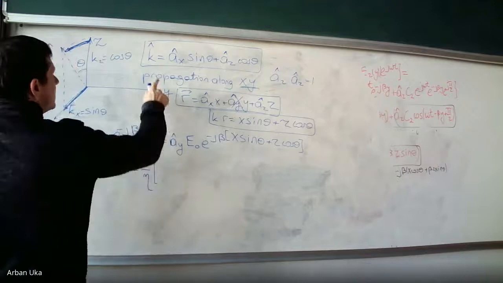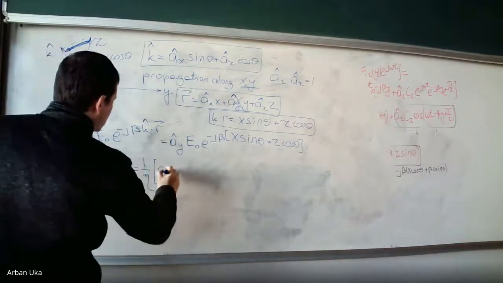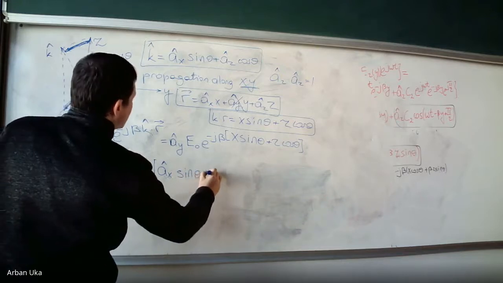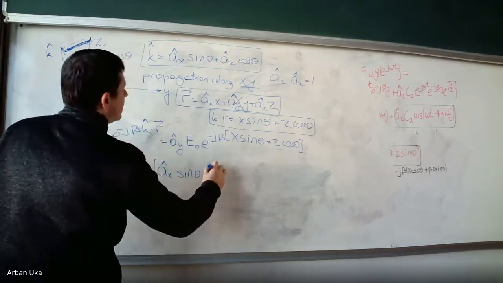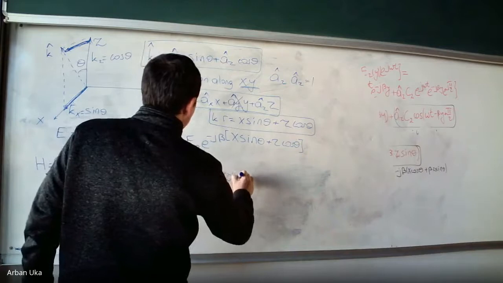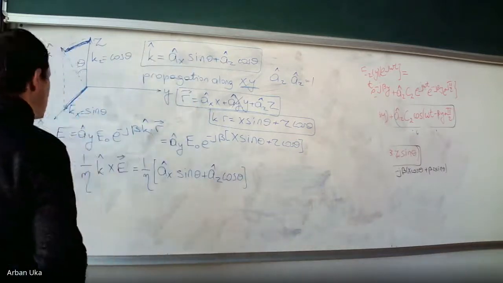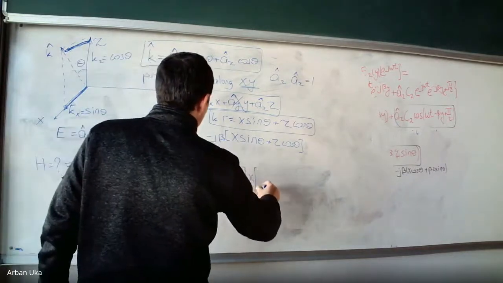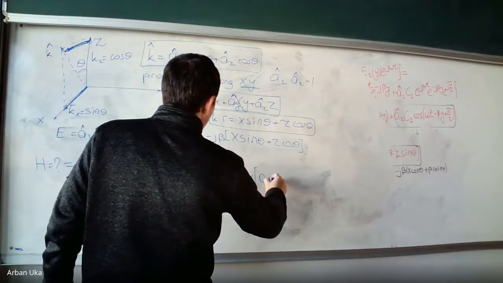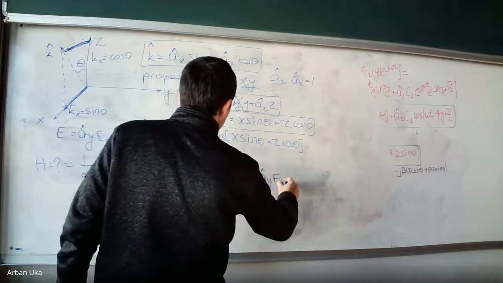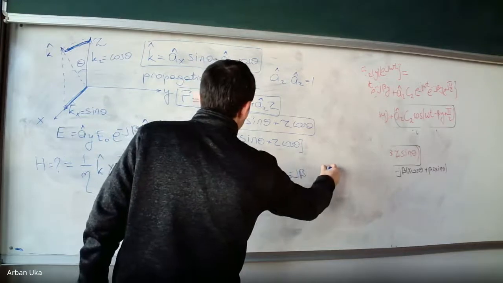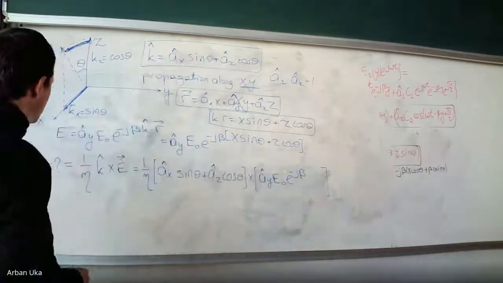The k vector is this one, which is ax sine theta plus az cosine theta. We take the cross product with this term, so we have here cross ay E0 e to the power minus j beta, and here you can continue with the rest.